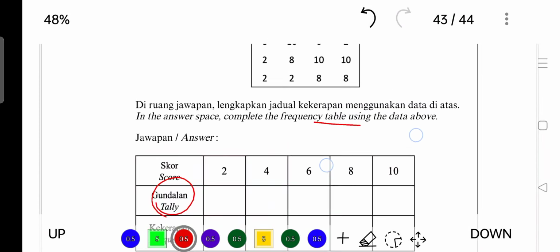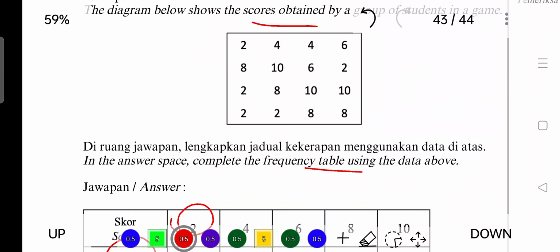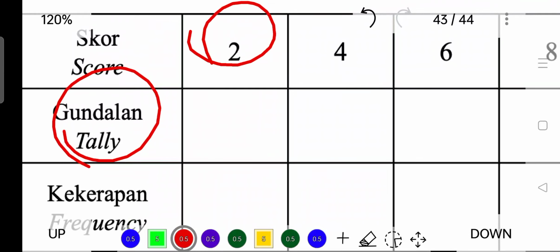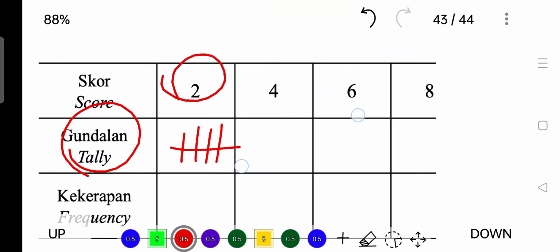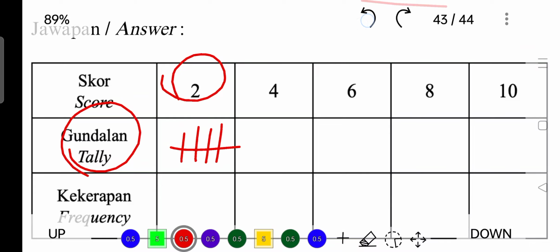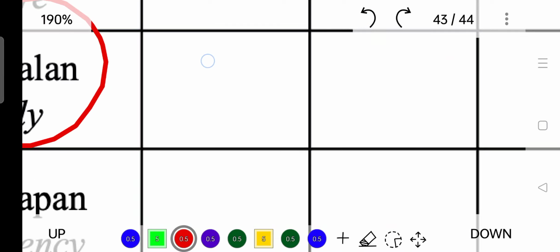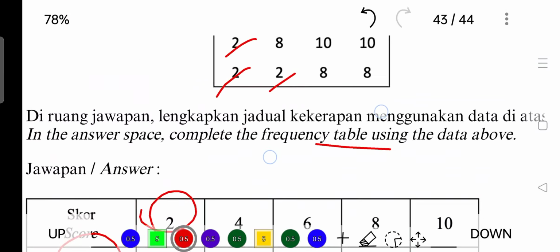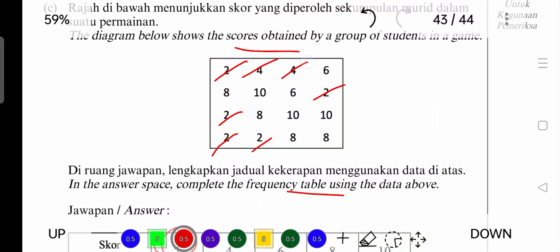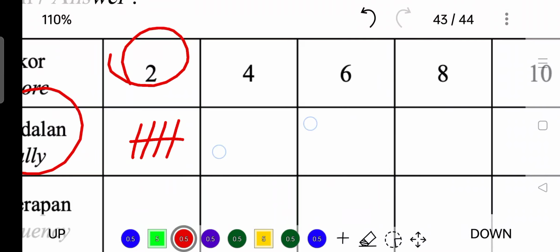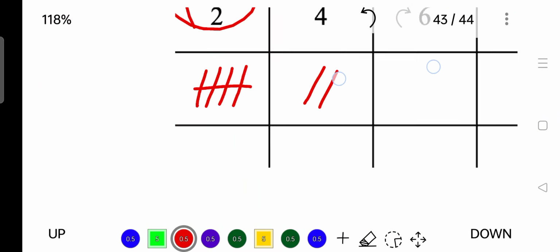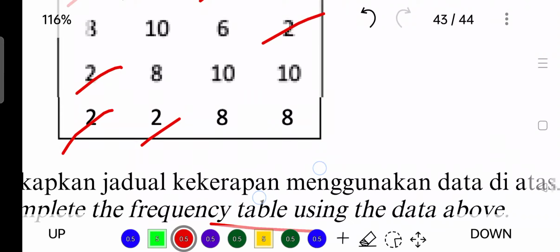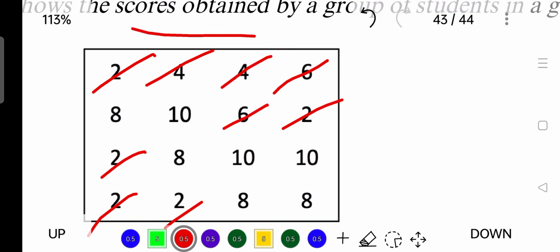First, we begin with tally. How many 2's are there? 1, 2, 3, 4, 5. So how do we do tally? 1, 2, 3, 4. Number 5, you slash it. Make sure all of the lines are the same length. Next you have number 4: 1, 2 only. Next we have number 6: 1, 2.